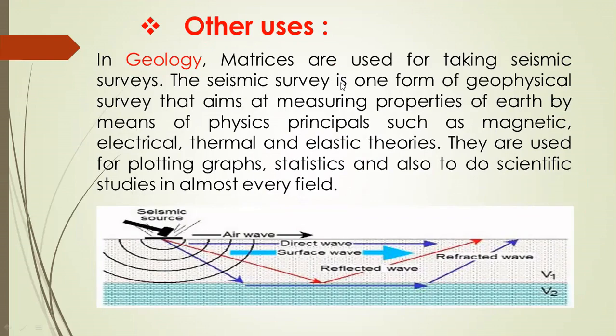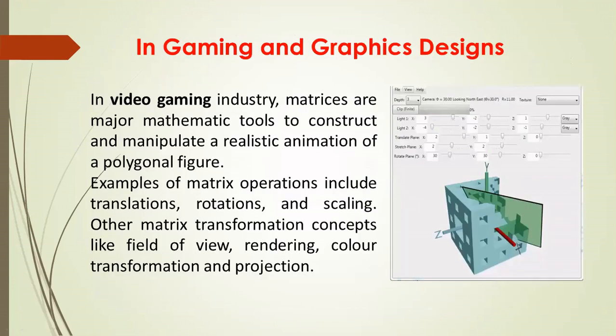A seismic survey is a form of geophysical survey that aims at measuring the properties of the earth by means of physical principles such as magnetic, electrical, thermal, and elastic theories. They are used for plotting graphs, statistics, and also for scientific study in almost every field.